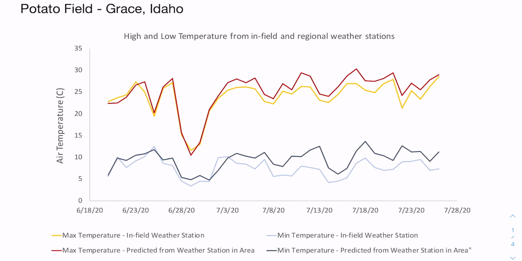And it becomes pretty clear that as we look over here, the high temperatures of the Atmos 41 are somewhat lower than the high temperatures estimated here from that regional weather extrapolation.